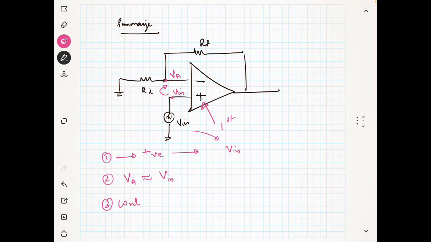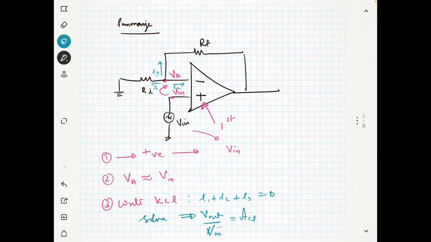Now write KCL. For that you can assume that the currents are moving away from the junction: I1, I2 and I3. So I1 plus I2 plus I3 equals 0. Solve this equation and get the expression for V out by V in. That will be the closed loop gain.